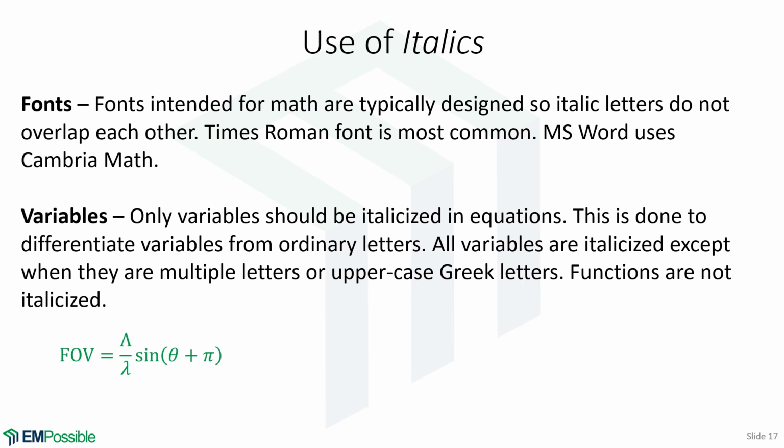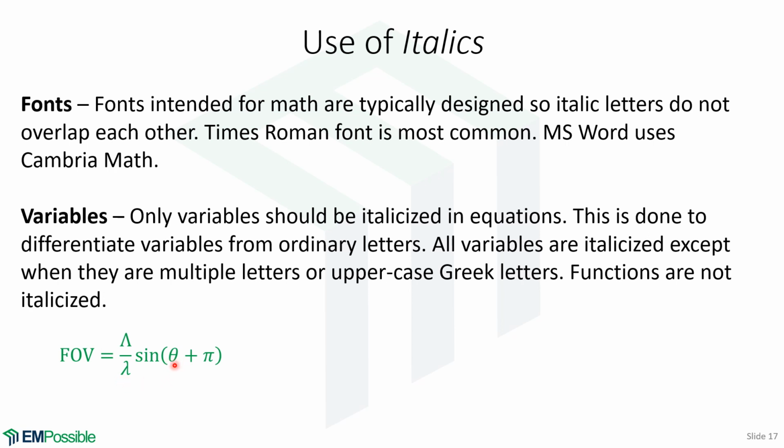So here we have an equation for field of view. Field of view is abbreviated FOV, and even though that's a variable and we'll have a number associated with it, it's not italicized because it's multiple letters. We have an uppercase Greek lambda, so that is not italicized. There's also a lowercase Greek lambda that is italicized.